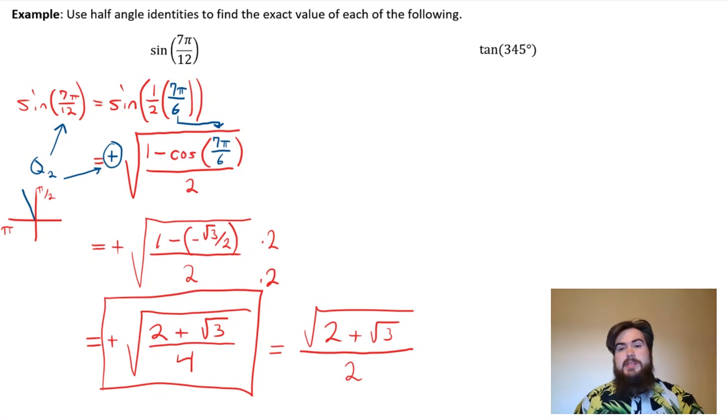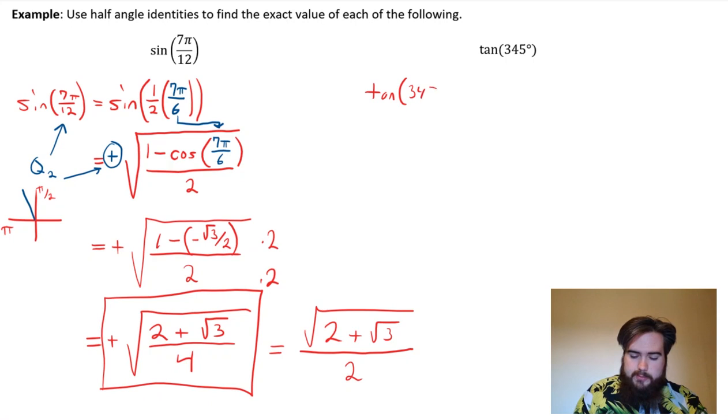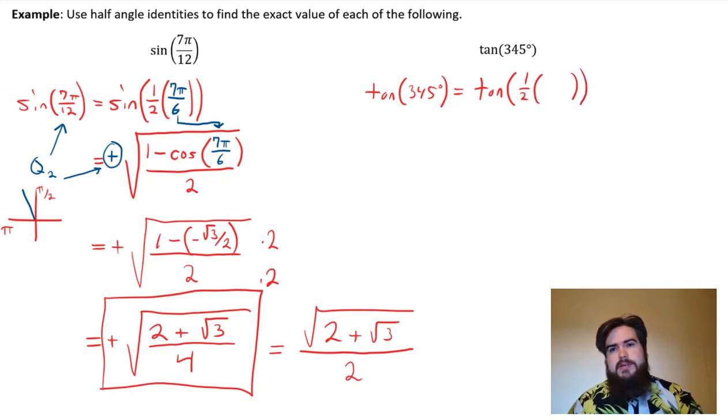Now let's apply the same concepts to tangent of 345 degrees. Even though it is a degree measure, I'm still going to follow the same steps. So, tangent of 345 degrees. The first thing I'm going to do is factor a 1/2 out of 345 degrees.